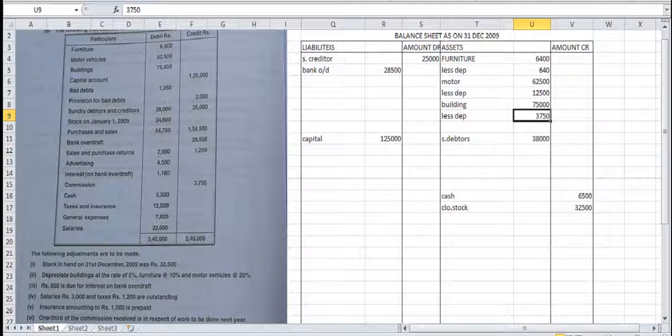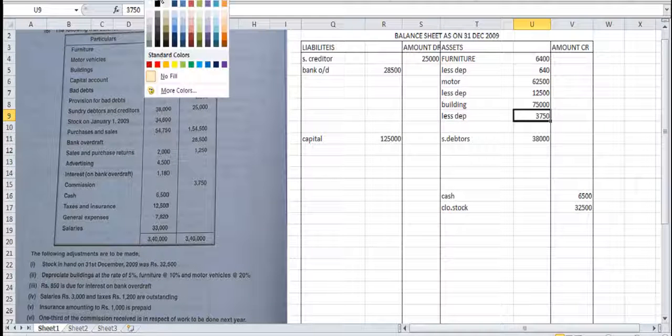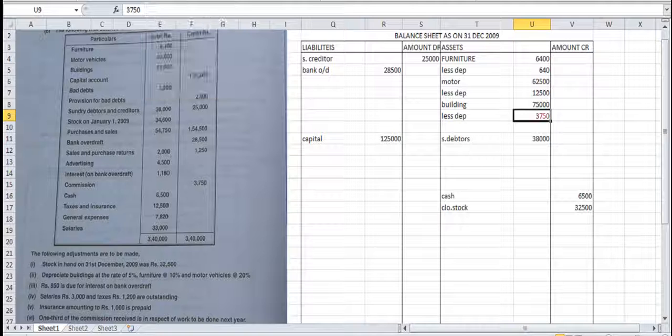For example, this is a depreciation, so this is a minus entry, so I am putting this one as minus.